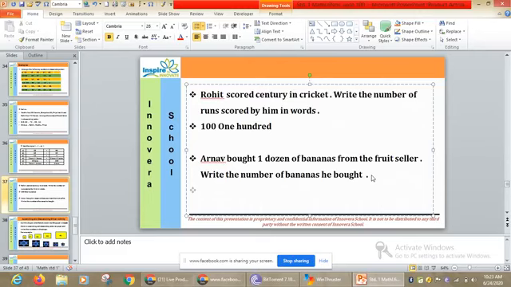Okay. Next example. Arnav bought 1 dozen bananas from the fruit seller. Now Arnav loves to eat bananas, so he has brought 1 dozen bananas from the fruit seller. 1 dozen means how many? How many bananas are there in 1 dozen?